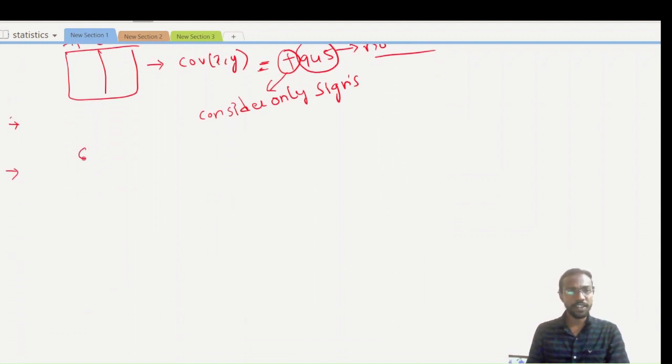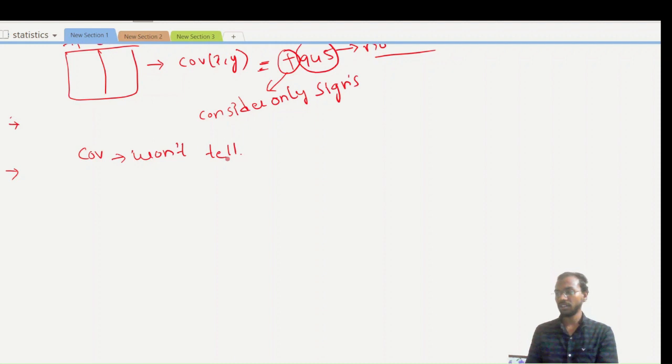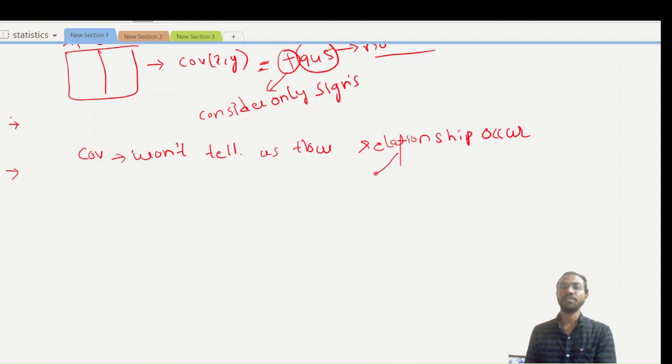Covariance has another drawback: it won't capture how strong the relationship is between data points. It won't tell us whether the relationship is strong or loose.